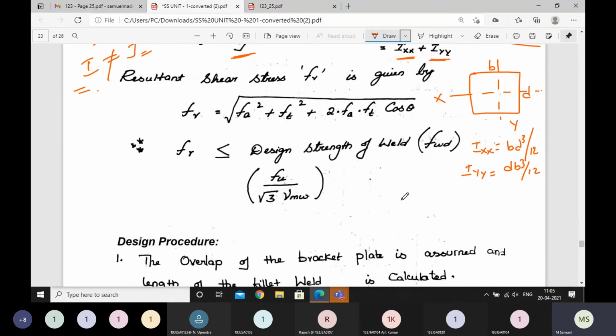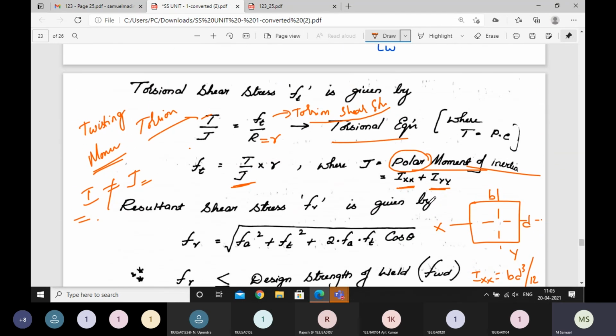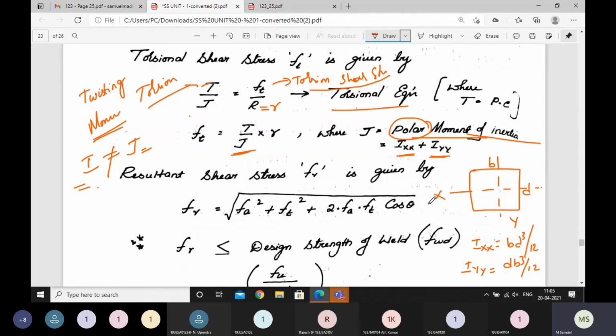So now J is equals to Ixx plus Iyy. Simple. It is that simple. Or you can find it in a different way also, but this is the easiest way I can tell you. So now you understood how to find out the torsional shear stress also.